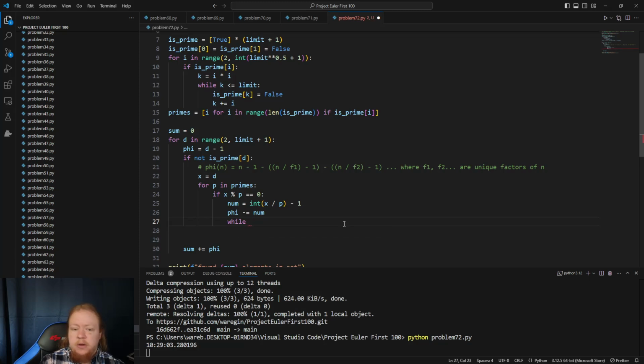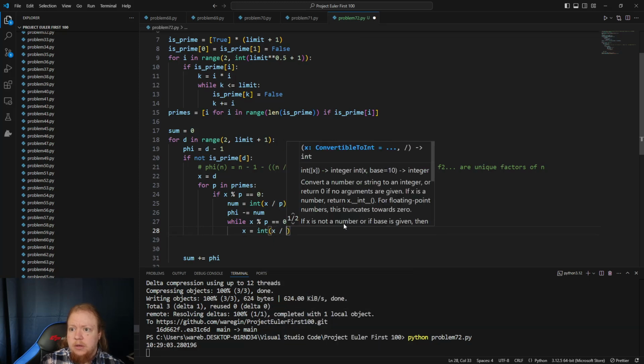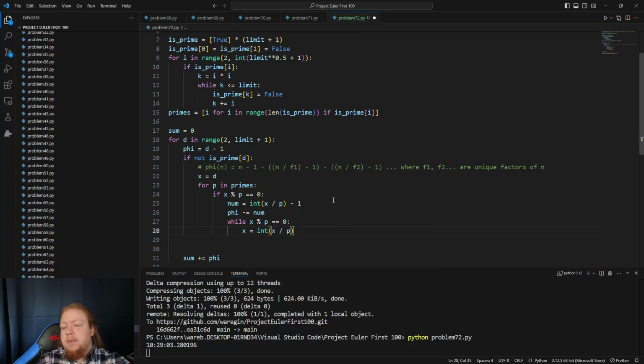And I want to do while x mod p equals 0, x equals x divided by p. So, for the case of 9, or for the case of 8, it'll go through this loop 3 times.